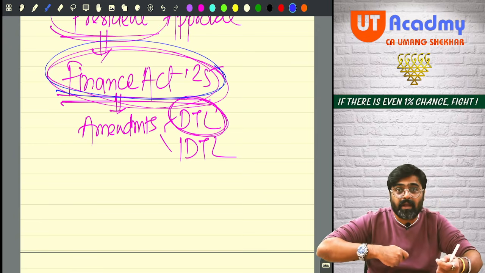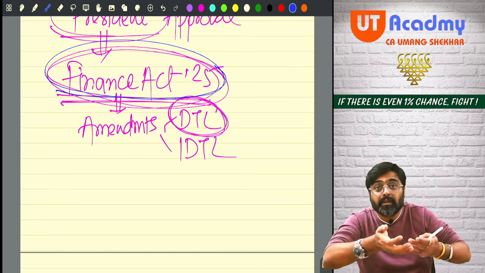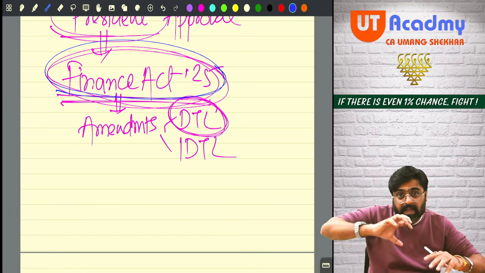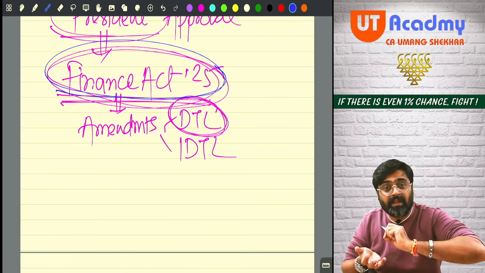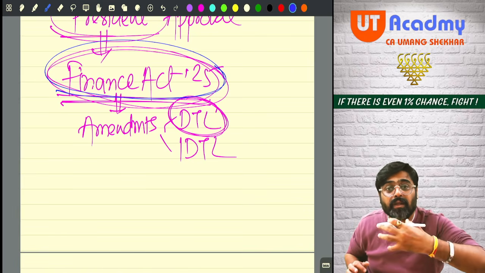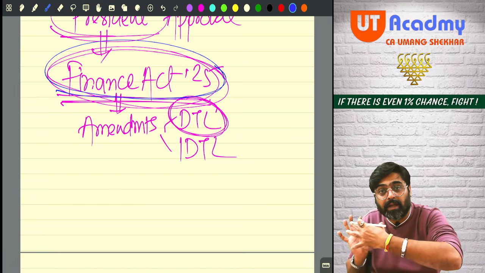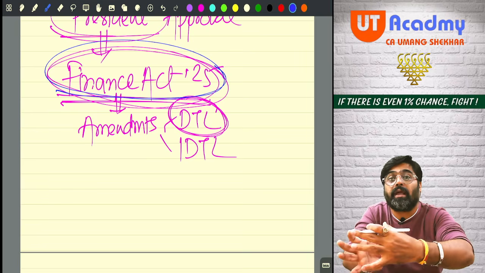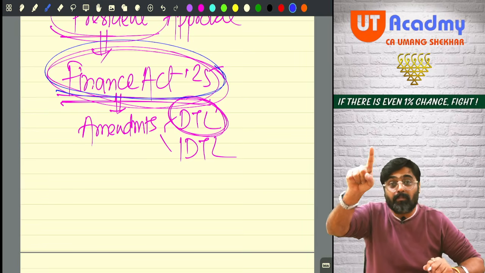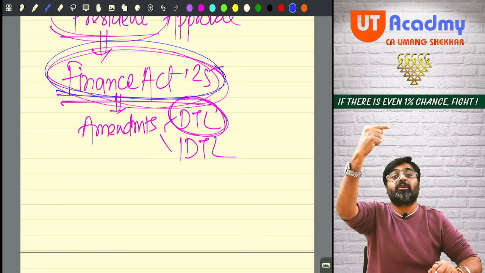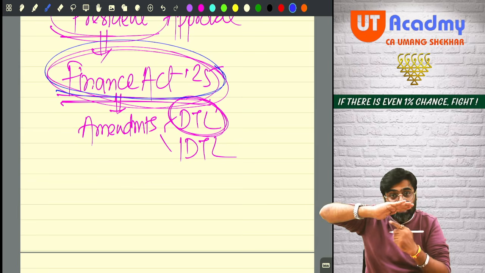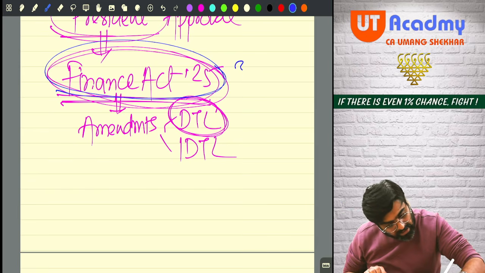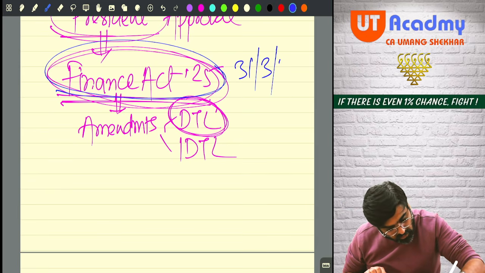Then there is discussion in Parliament, voting, then the bill is passed, then the bill is sent to the president, and the president gives the assent. This entire process would have taken at least 2 months. So by the time the proposed changes were finalized, becoming Finance Act, it was already 31st March 2025.